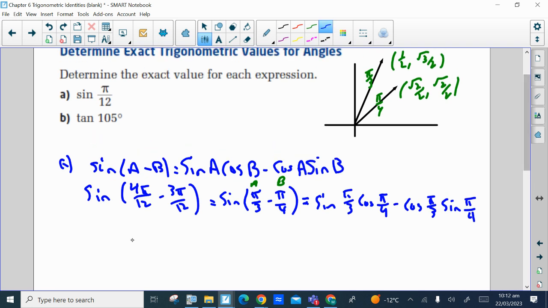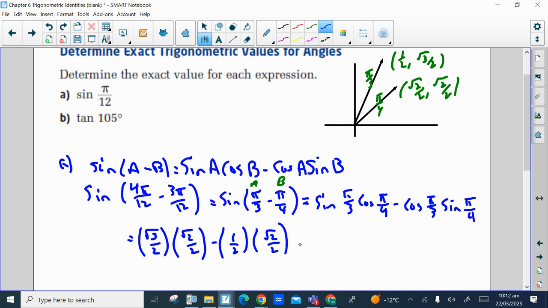And so now we can plug them in. The sine of pi on 3, remember sine is the y value. That's root 3 over 2 at pi on 3, times the cosine of pi on 4, which is root 2 over 2, minus the cosine of pi on 3 is a half, times the sine of pi on 4, root 2 over 2.